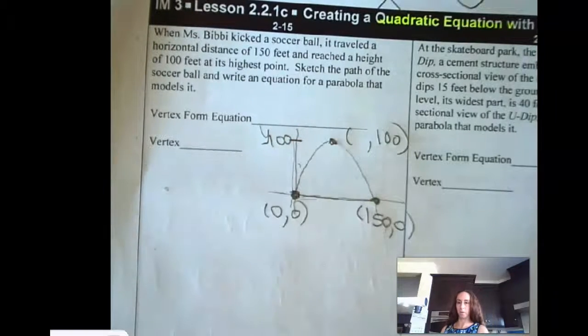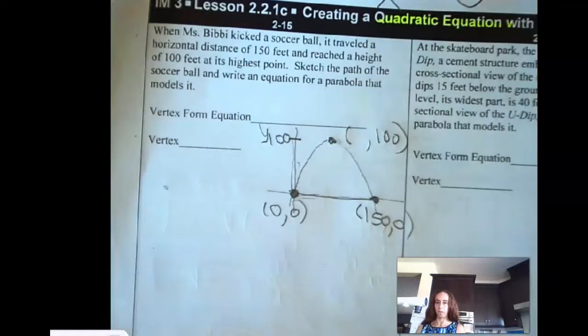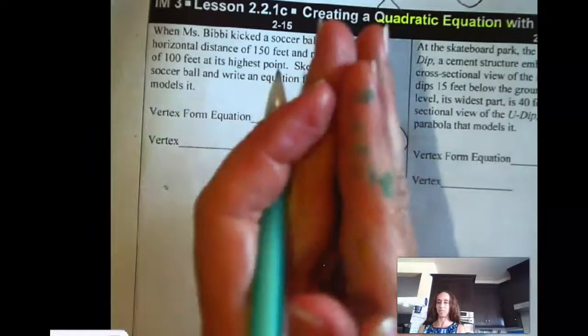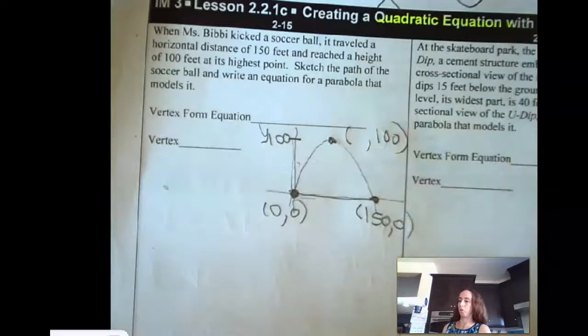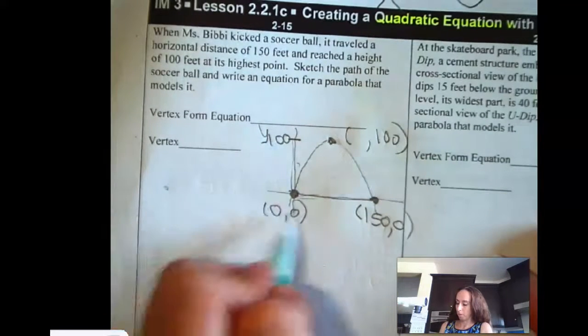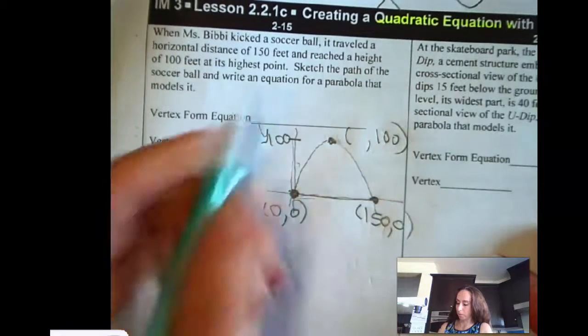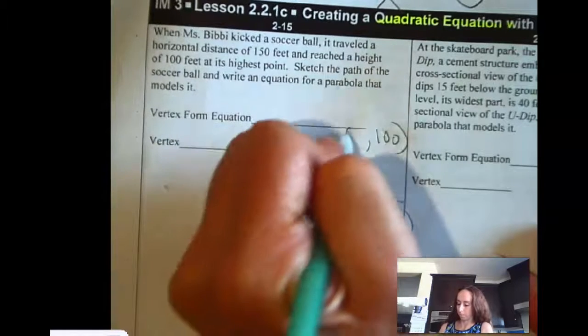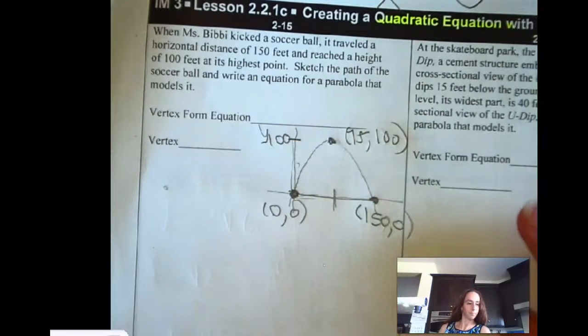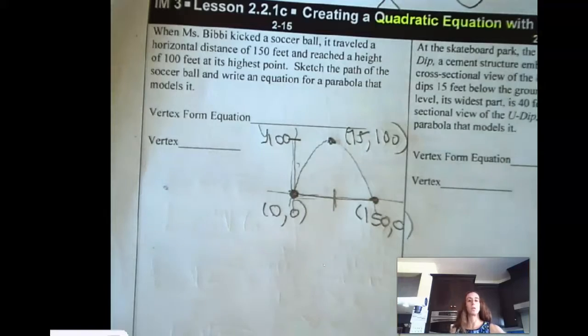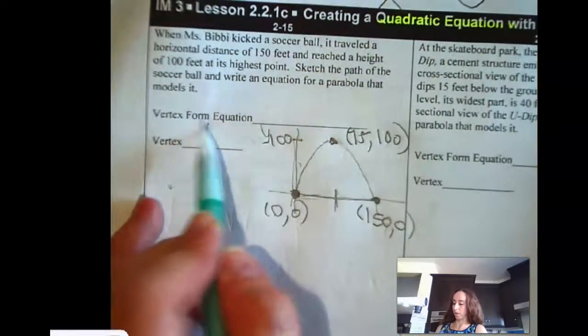So what's your x going to be? Well, remember how the vertex is halfway between the two x-intercepts, which means if this is 0 and this is 150, what's halfway in the middle? 75.